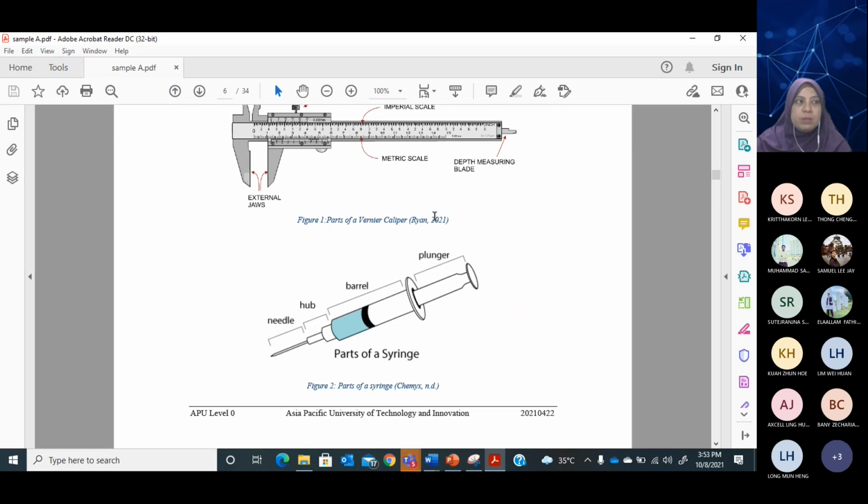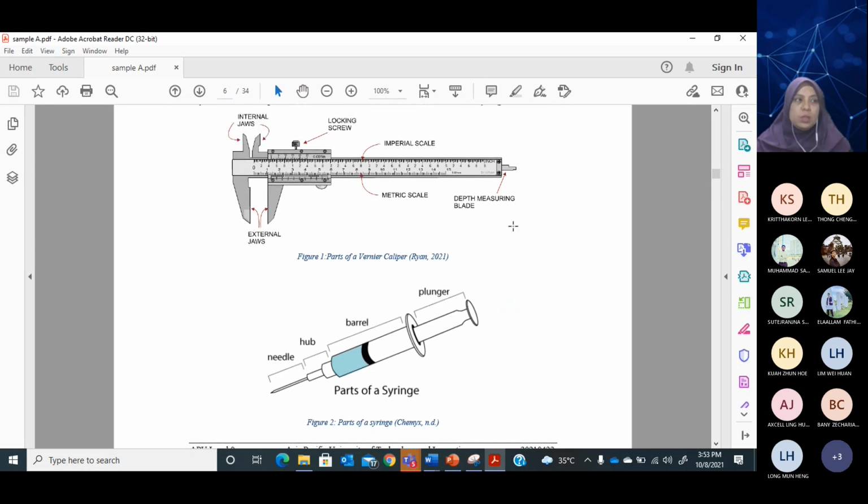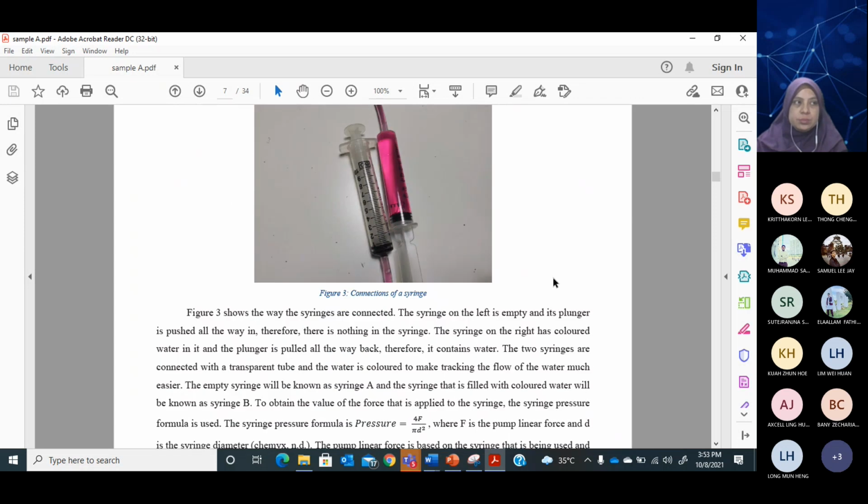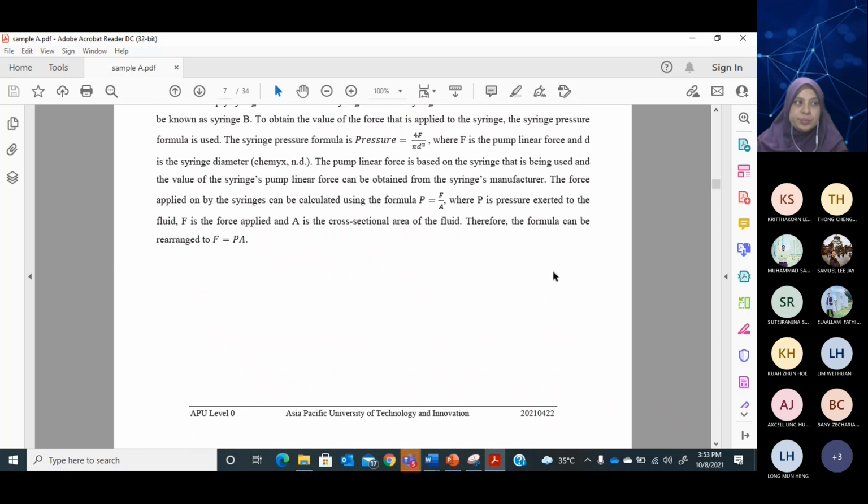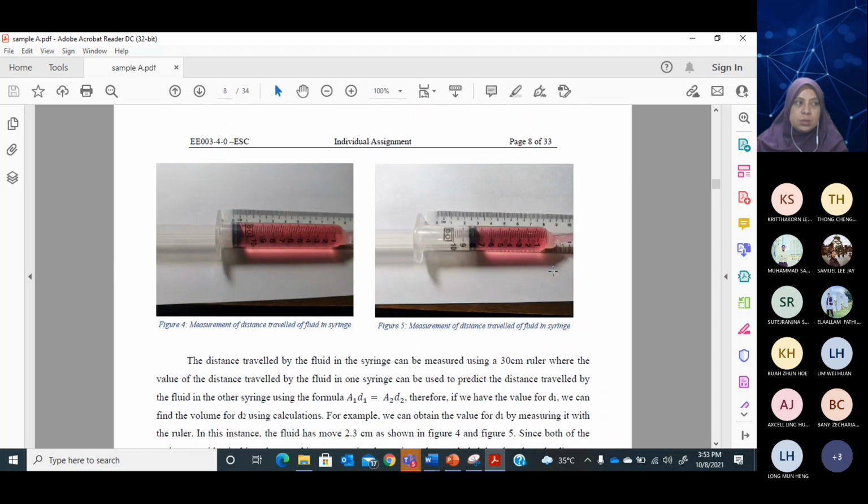So he is comparing between figure 1 and figure 2 because he is using the syringe. Connections of a syringe. Measurement of distance travelled by fluid in the syringe.